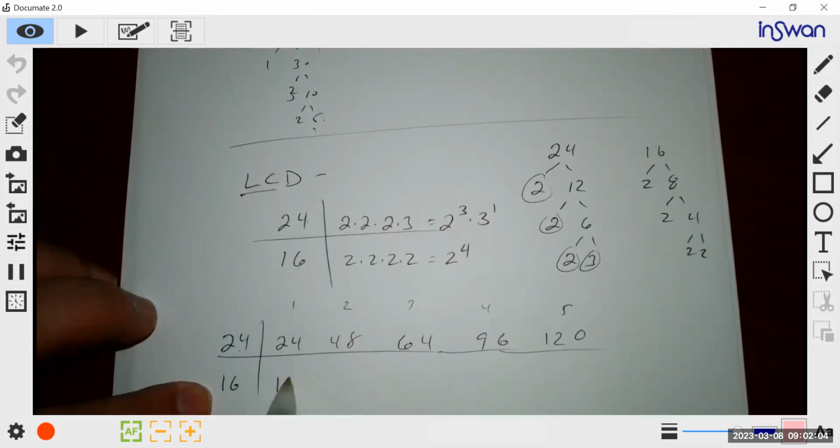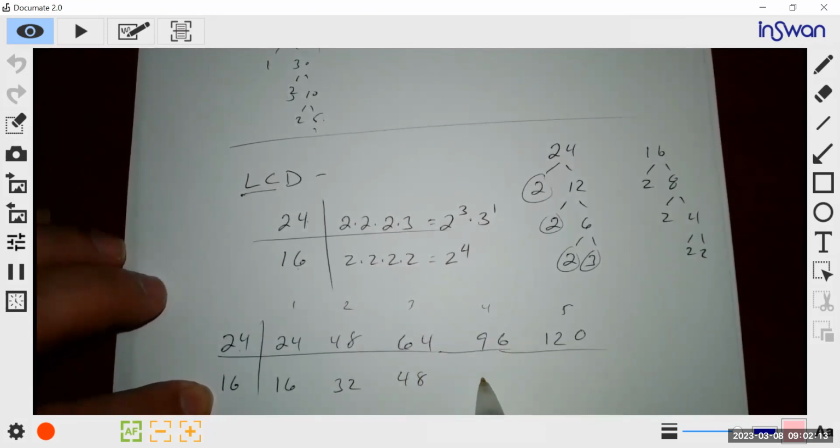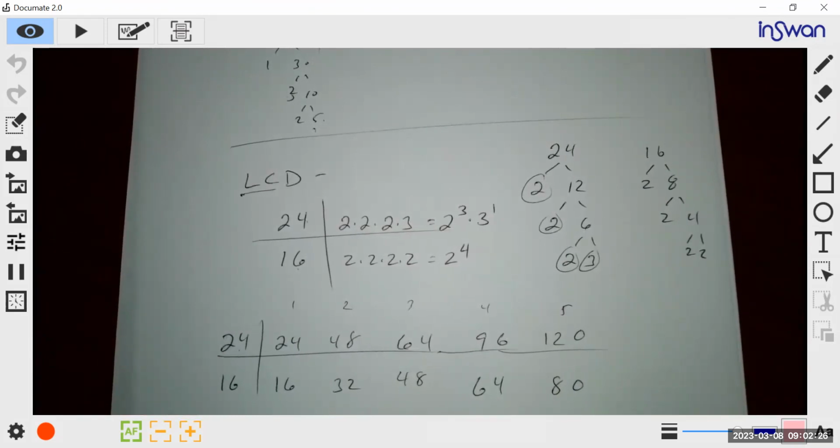And 16 times 1 is 16, 16 times 2 is 32, 16 times 3 is 48, 16 times 4 is 64, 16 times 5 is 80.